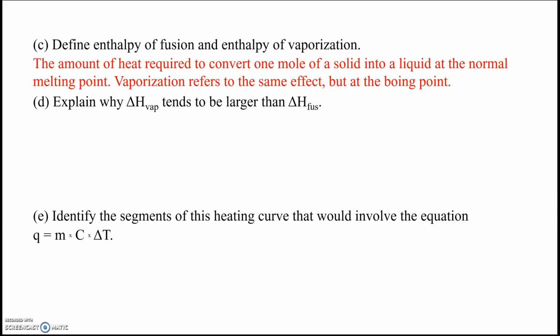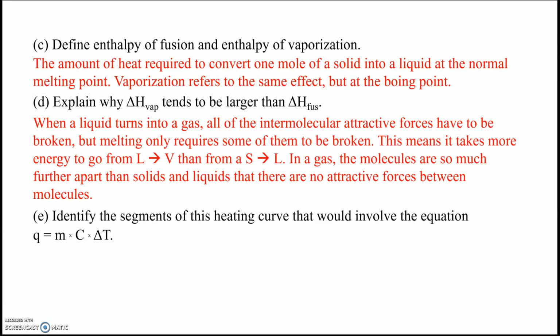Question D asks us to explain why delta H vaporization tends to be larger than delta H of fusion. Here we can say that when a liquid turns into a gas, all of the intermolecular attractive forces have to be broken. But when I melt something from a solid to a liquid, that only requires some of these forces to be broken.